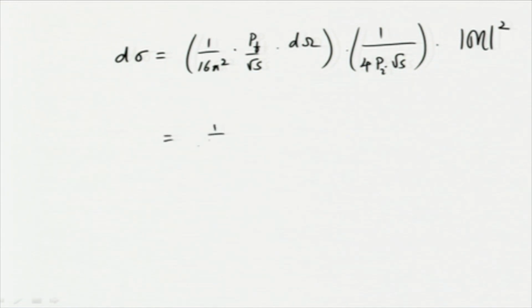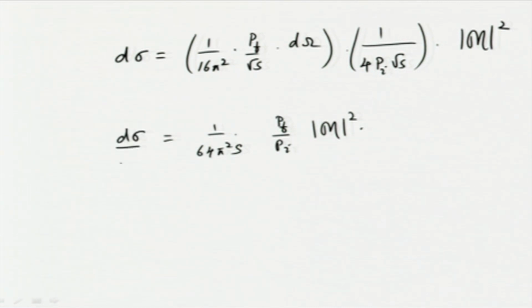This is equal to 1 over 64 pi square s, p_f over p_i, M square d omega, or I can write d sigma over d omega as 1 over 64 pi square s, p_f over p_i, M square.